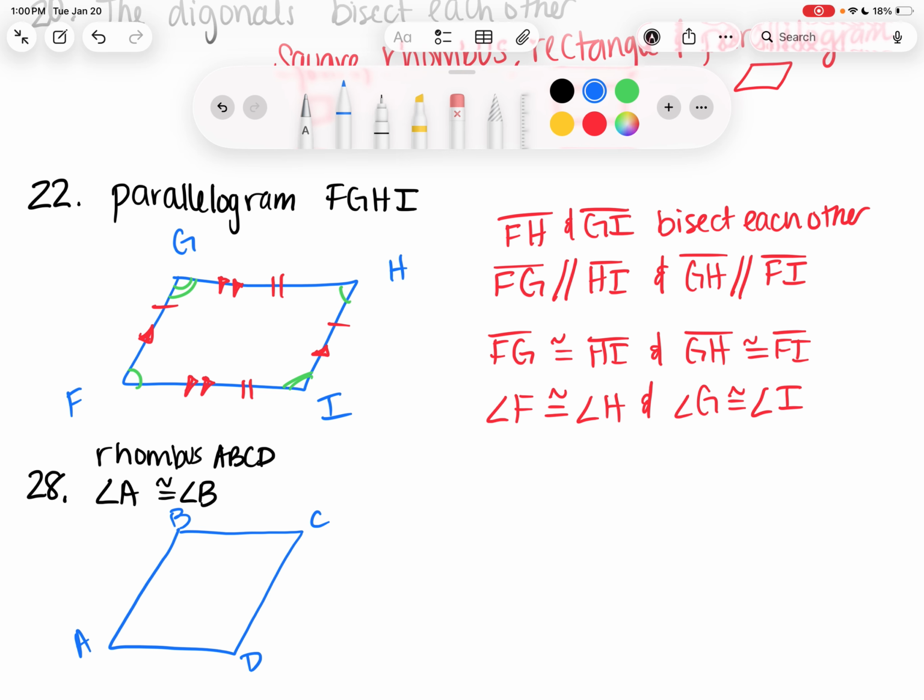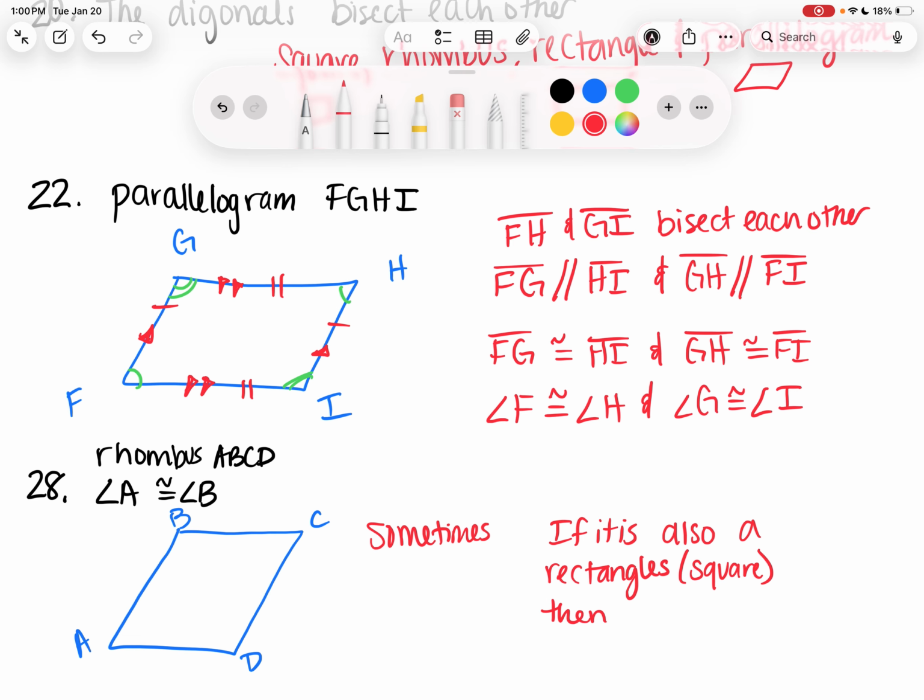If you say sometimes, in which situation would it be true? If it was a square. Yep, or a rectangle. Sometimes, if it is also a rectangle, right? Because in rectangles all the angles are congruent. Or a square, whatever. Then all four angles are congruent.